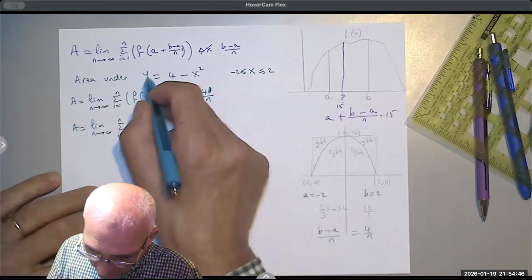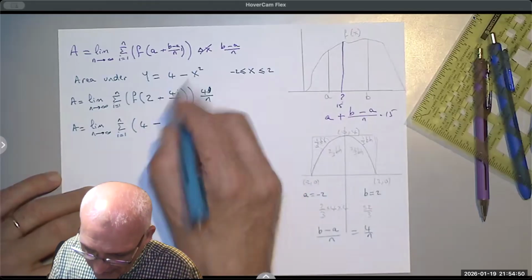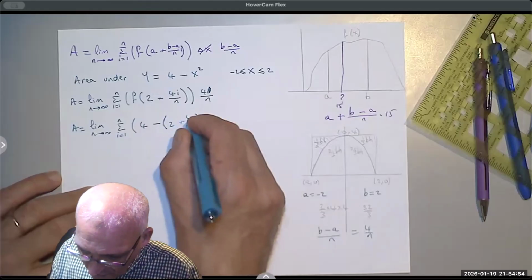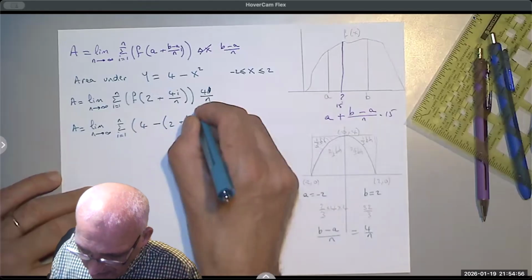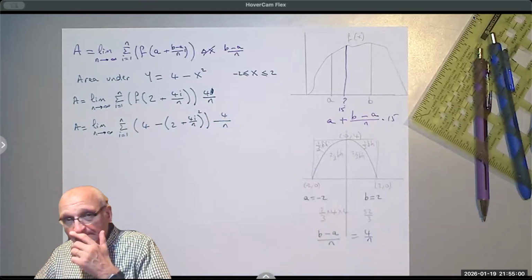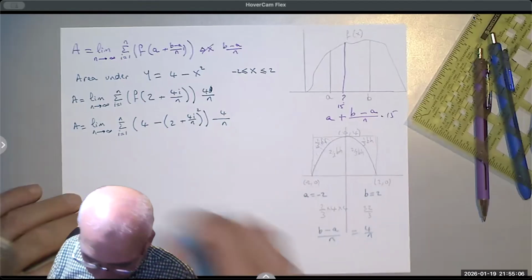So I have 4 minus x squared. Instead of x squared, I'm going to write 2 plus 4i over n quantity squared, and this is multiplied by 4 over n. Nice? So far, so good?